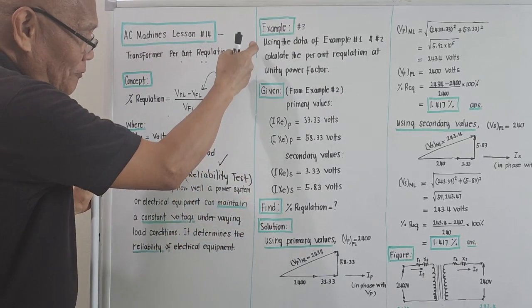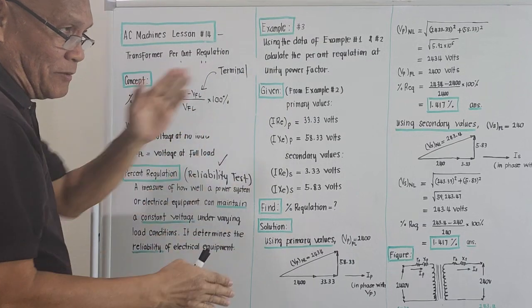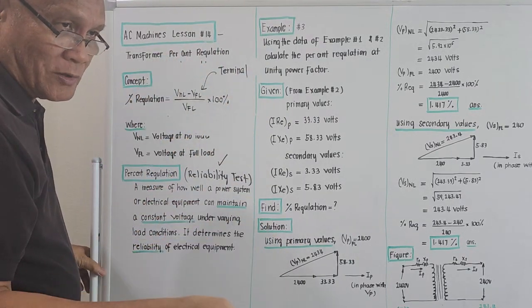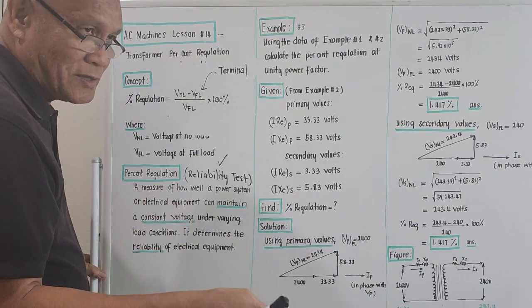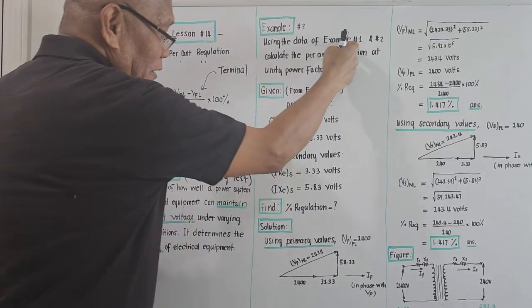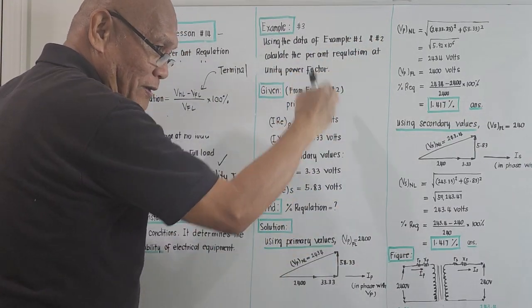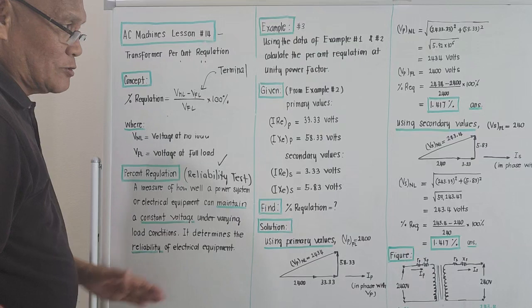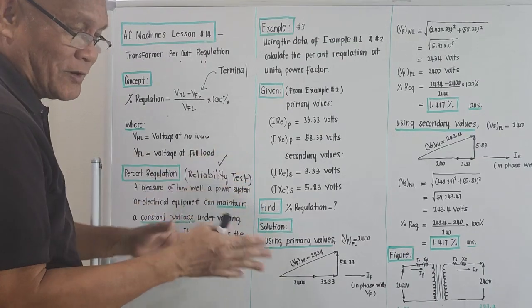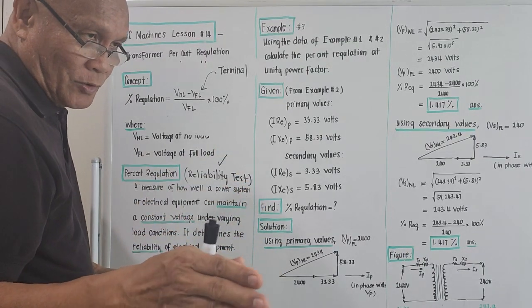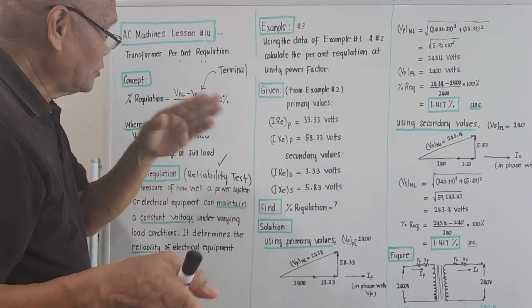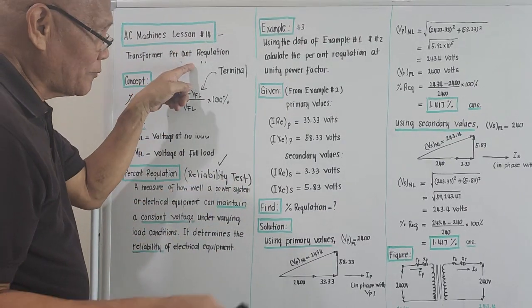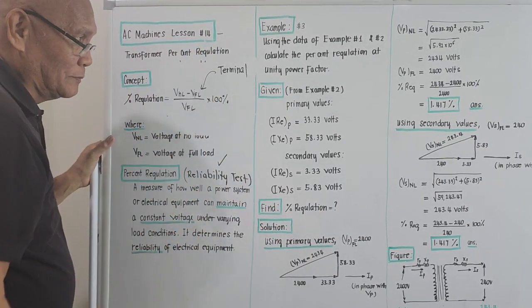So actually this example number 3 emanates from example number 1 and number 2. So we will be using the data on example number 1 and number 2 to compute what is being asked over here. Okay, so I don't need to rewrite the given equation. For those who are following my channel, you should proceed to lesson number 13 before you go to lesson number 14.